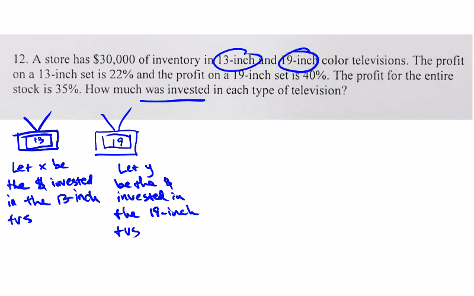Okay, and so then you can create two equations. If you have two variables, you're going to create two equations. So the first equation is going to deal with just total inventory. So it would be X plus Y equals 30,000.